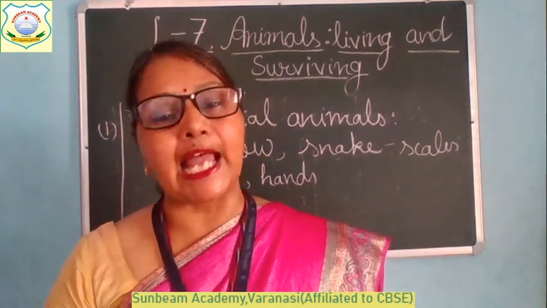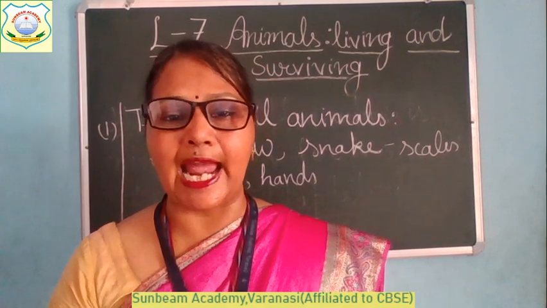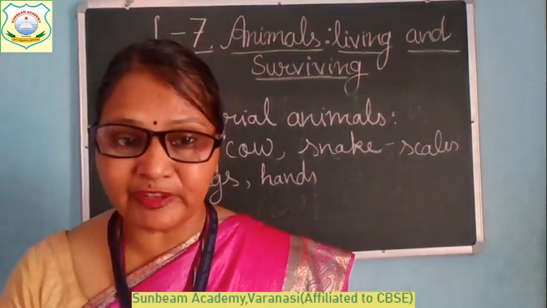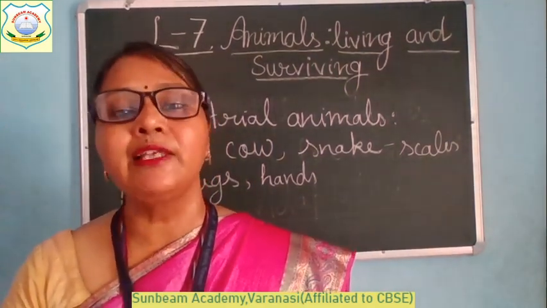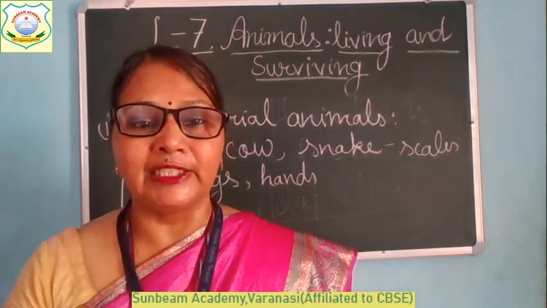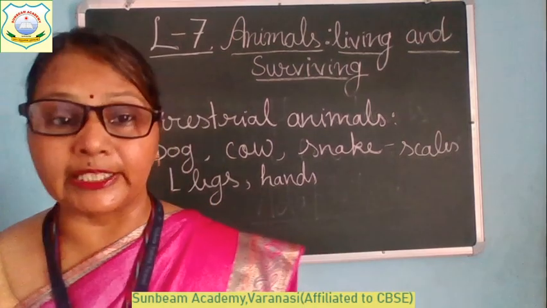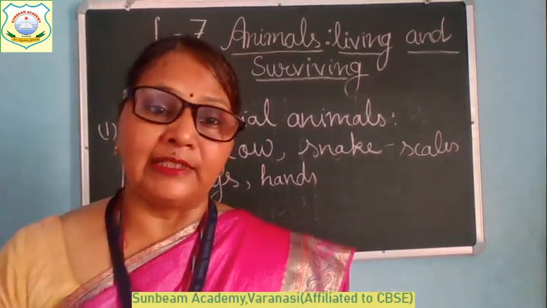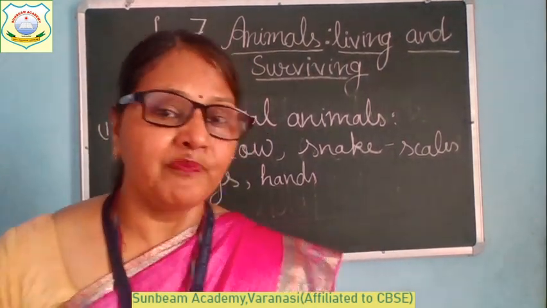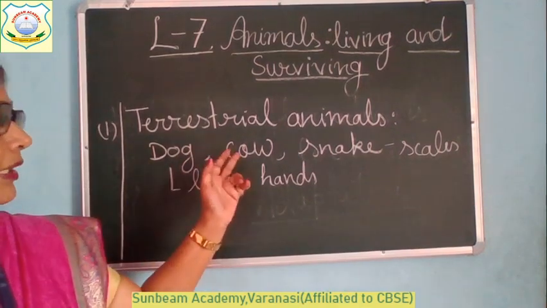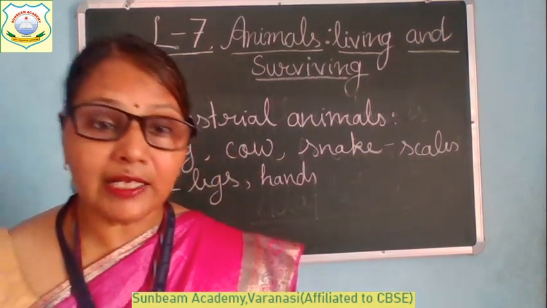It means the animals who live on land have a special feature which is called their adaptation. With the help of that feature, they can live on land, and they have a special organ to breathe. Cow and dog have lungs.